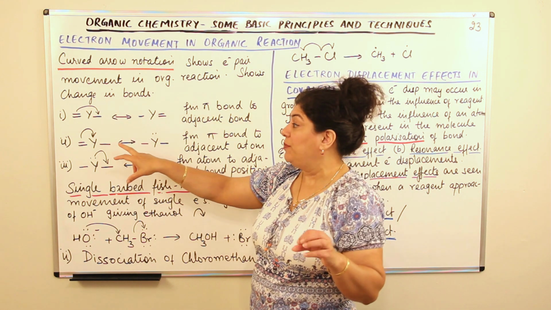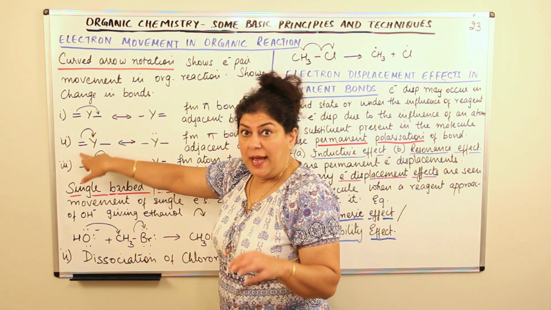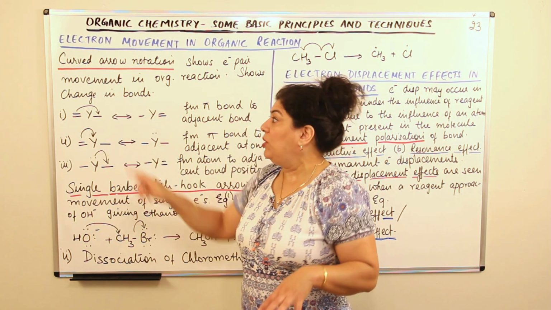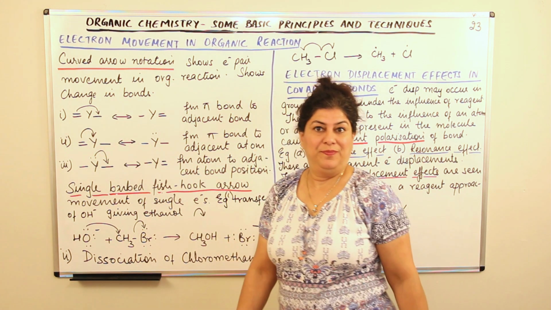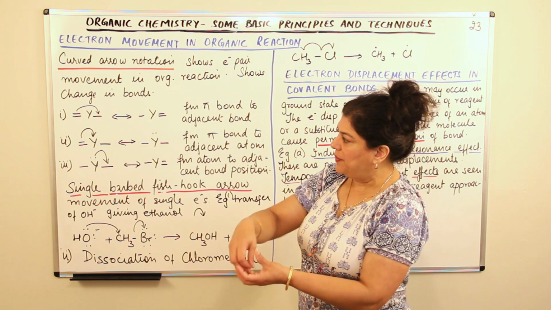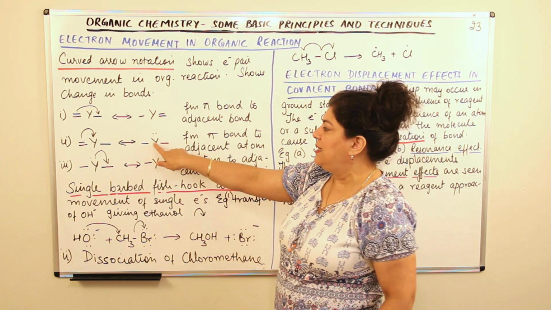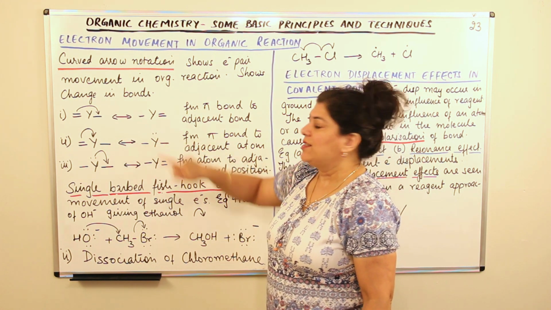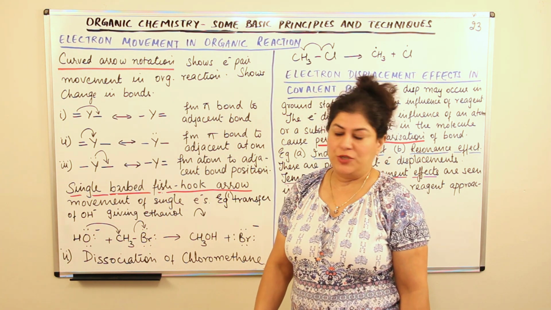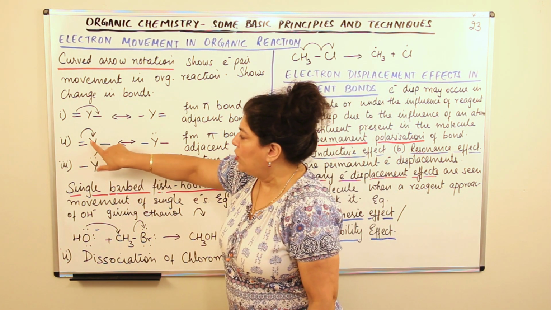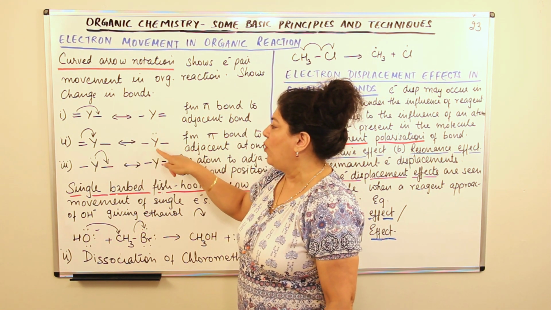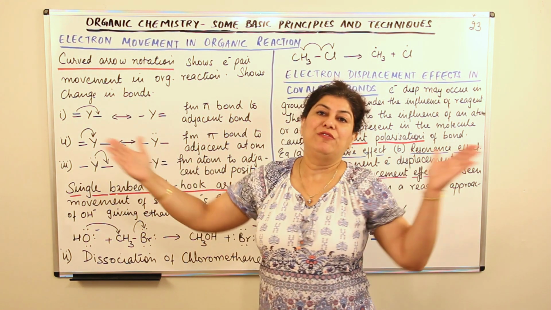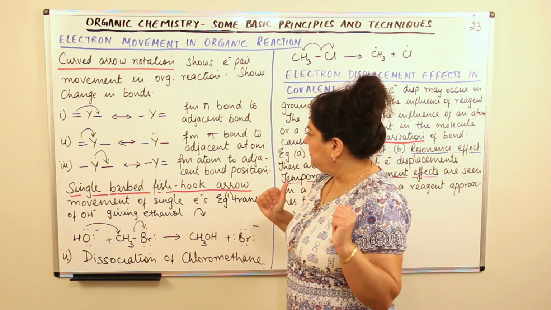The second situation may be where there's a pi bond and the 2 electrons are moving from the pi bond, but they're not going to the adjacent bond, they are coming to the atom. So the 2 electrons break the bond and come towards this atom, thereby this atom gets a lone pair of electrons. So the bond that was a double bond, the pi bond, moves and gives a lone pair on Y. On both sides you are left with only the sigma bonds.